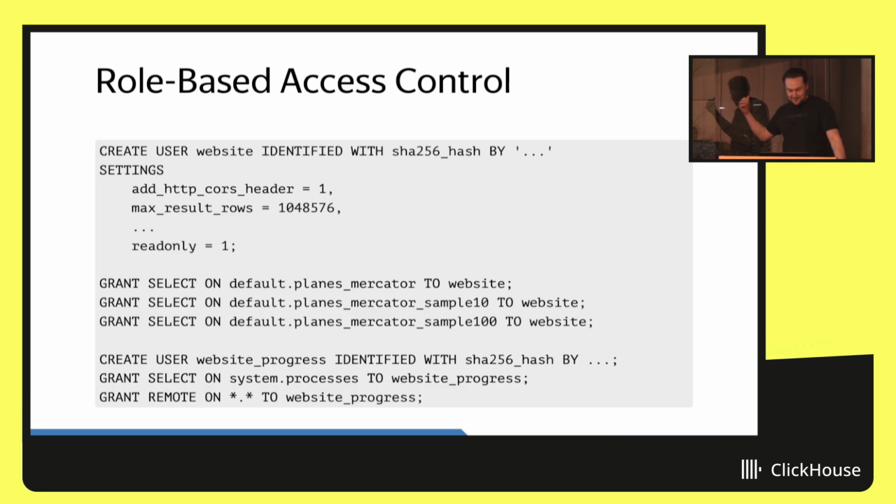So ClickHouse will answer with this header, and the browser will accept this data. Some limitations on query complexity. The user will be limited as read-only. I granted select to specific tables. And another user just to display a progress bar.